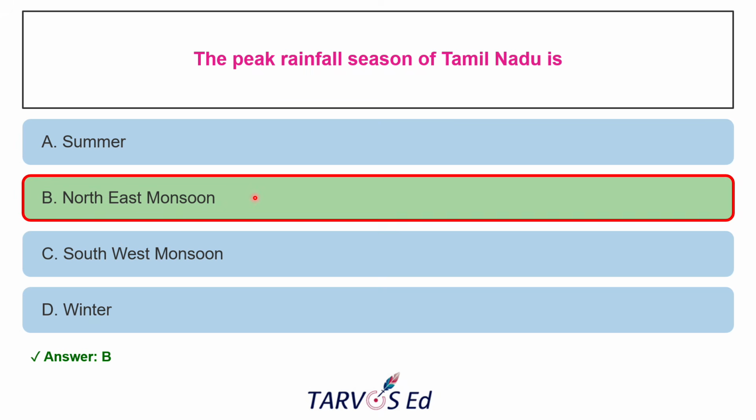So what is the reason means that Western Ghats usually block the southwest monsoon, but northeast monsoon winds pick the moisture from Bay of Bengal and hit the Tamil Nadu east coast directly. So that's why. Okay, so the peak rainy season in Tamil Nadu usually occurs during the northeast monsoon, which spans from October through December.